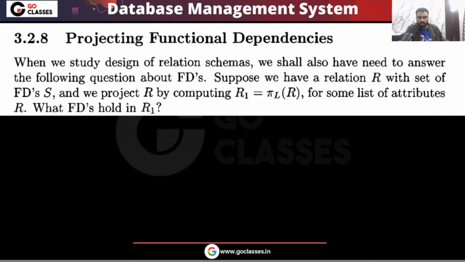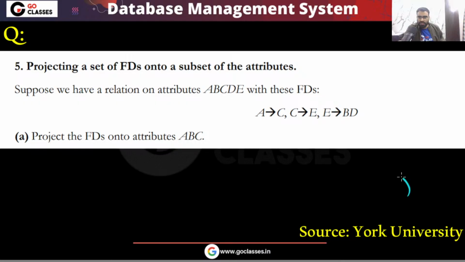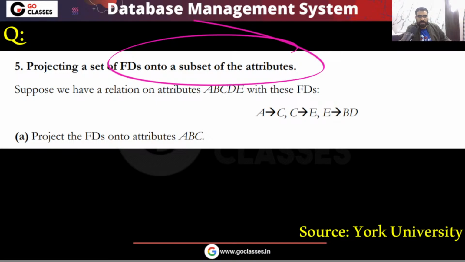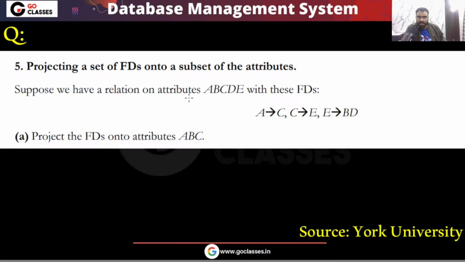Let's solve this York University question, projecting a set of functional dependencies onto a subset of attributes. Suppose that we have a relation R with attributes A, B, C, D, E, and these are the functional dependencies. Project the FDs onto attributes A, B, C. We need to find out which functional dependencies will hold between these attributes A, B, C. Please understand, the given functional dependencies hold in the database, means among all the 5 attributes A, B, C, D, E these functional dependencies hold.